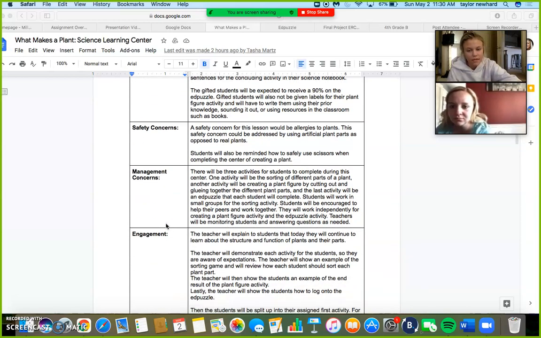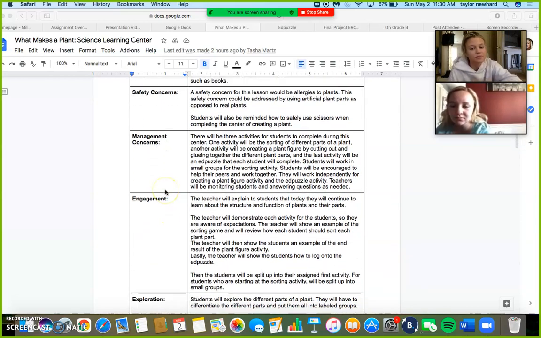And then our management concerns. There will be 3 activities for students to complete during the center, like 3 mini lessons in one big center. And one activity will be sorting of the different parts of a plant. Another activity will be creating a plant figure by cutting out and gluing together the different plant parts.